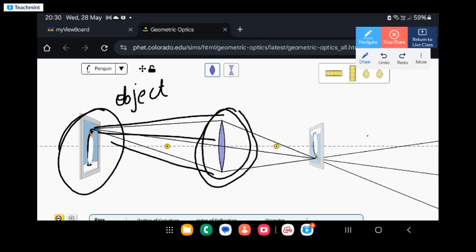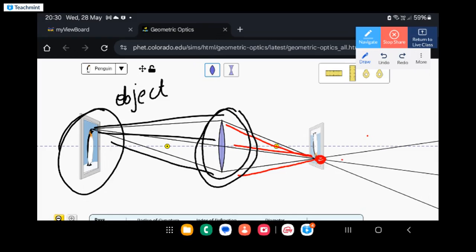These refracted rays, according to some rules that we need to know, will all meet at this point. This point where they meet will be the top portion of the head.